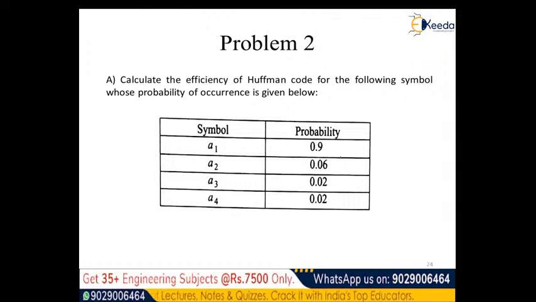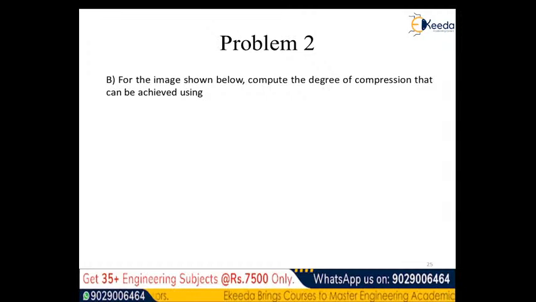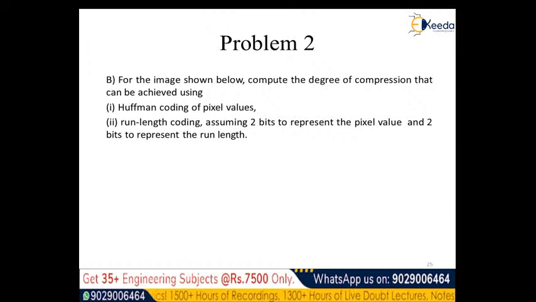Now after this part A of the problem statement, we also have part B. In part B, for the image as provided here, we have been asked to compute the degree of compression that can be achieved. We have two alternatives: either to work with the Huffman coding of the pixel values, or the second, run length coding, with the assumption of 2 bits to represent the pixel value and 2 bits to represent the run length here.